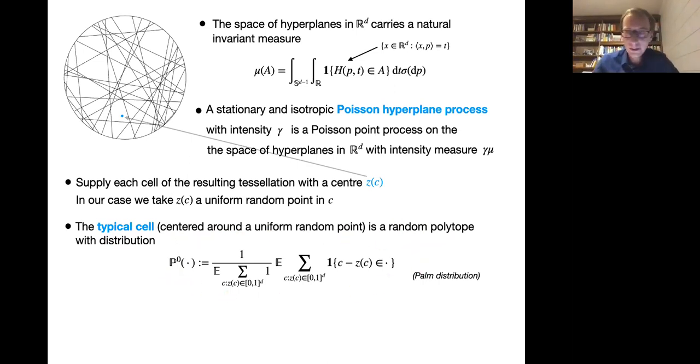This is just the formalization of what I just explained. You take an observation window, and then you select uniformly at random one of these polytopes, regardless of size and shape. And then you shift this polytope that you selected to the origin. And this is exactly the typical cell of this Poisson hyperplane tessellation. And this is the limiting object that you will see. This is the limiting object of these Schläfli random cones. So if you take these n random hyperplanes, choose one cone at random, then you form this profile.